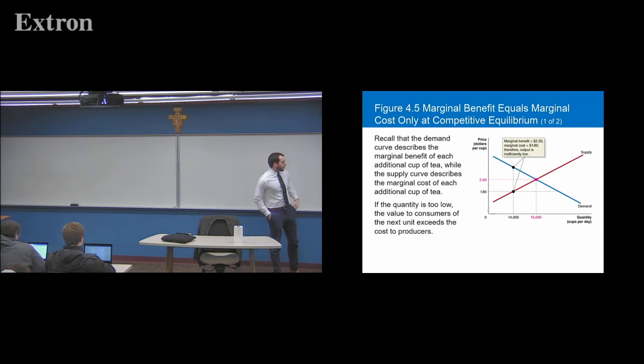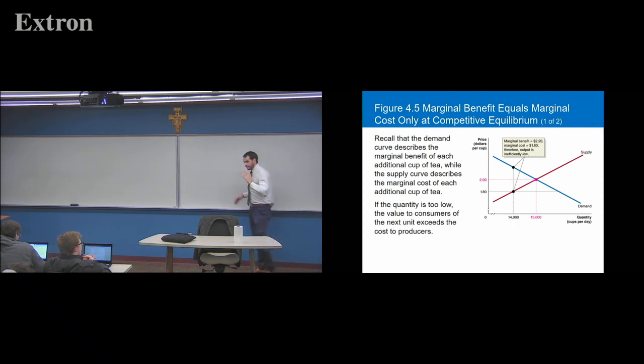So right here, if the quantity is too low for the market, say the equilibrium is 15,000 cups and the equilibrium price is $2. If we're only selling 14,000 cups per day, the marginal benefit of the next cup is $2.20, and the marginal cost is $1.80.